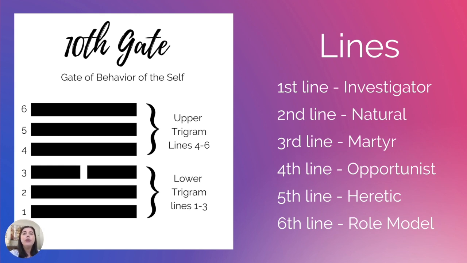So it's through your strategy and authority that the 10th gate empowers you to live out your full potential as yourself and truly loving who you are and who you are designed to be. When you come to a space of embodying this, you empower others to love themselves. So this is the basis of the 10th gate. It is a huge self-love gate.